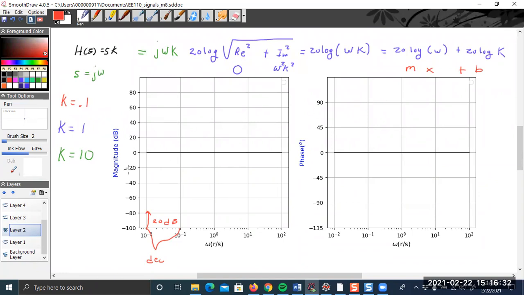Essentially, just to give you a heads up, we're going to have a straight line. The slope in this case is going to be 20 dB per decade.